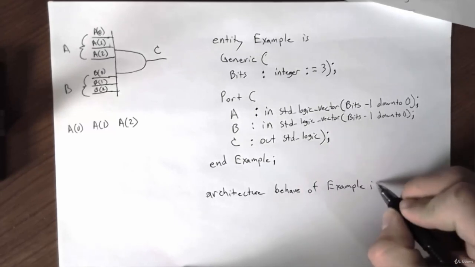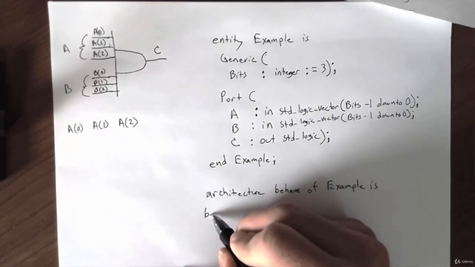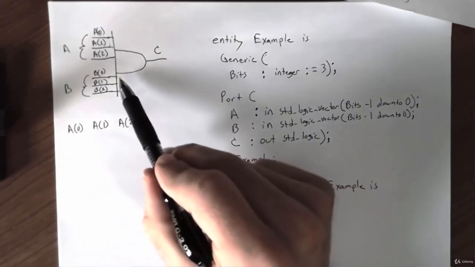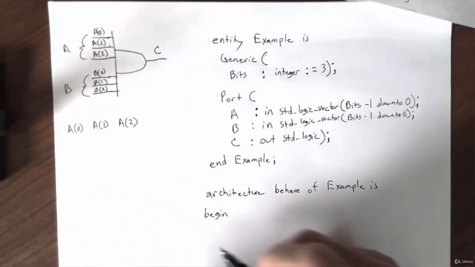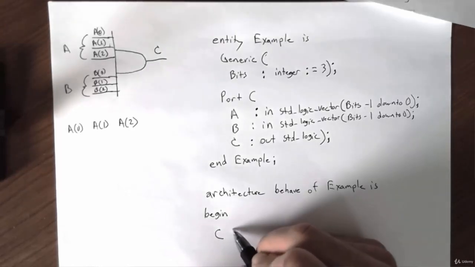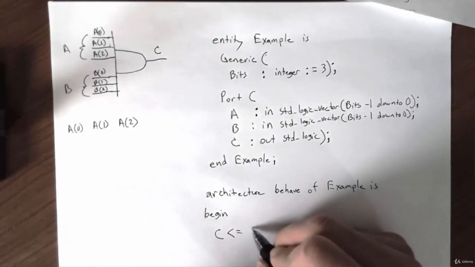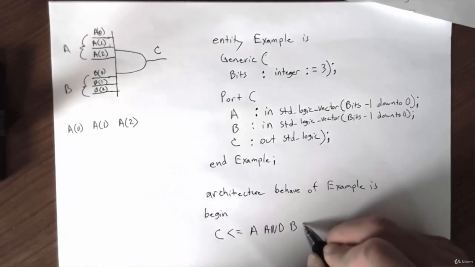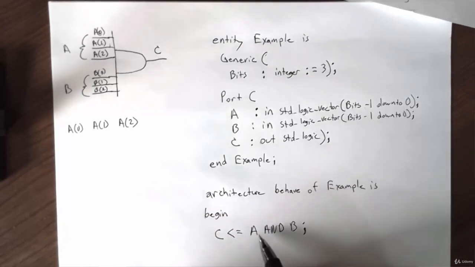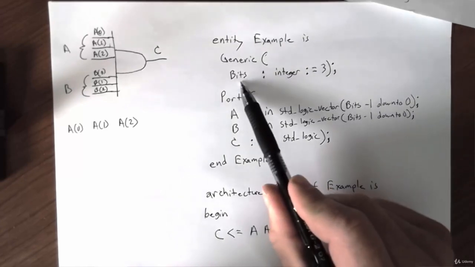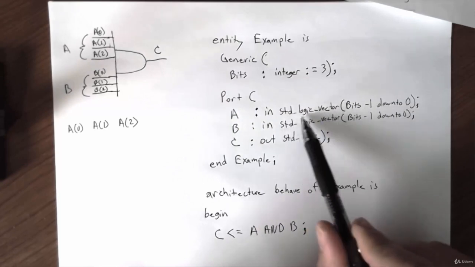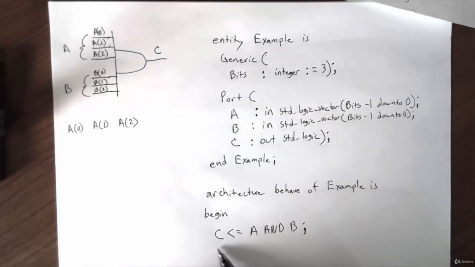and then the keyword is, and we have to do the begin, and now we define what we want the actual design to do. So we're just implementing an AND gate, so we would say the C receives a signal assignment of A and B. Now since A and B are both the same width, we can do this, and this will be fine because the number of bits we define, whatever number that is, A and B will both be the same size standard logic vectors, so that this signal assignment is valid and will work.